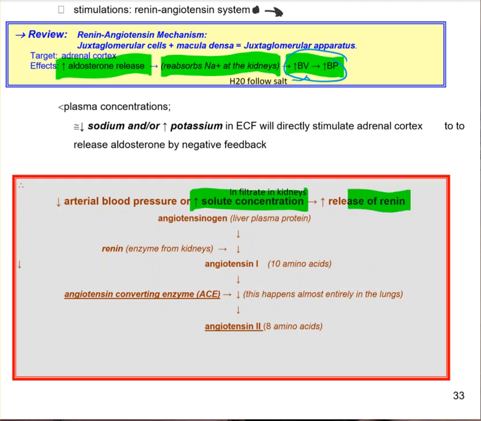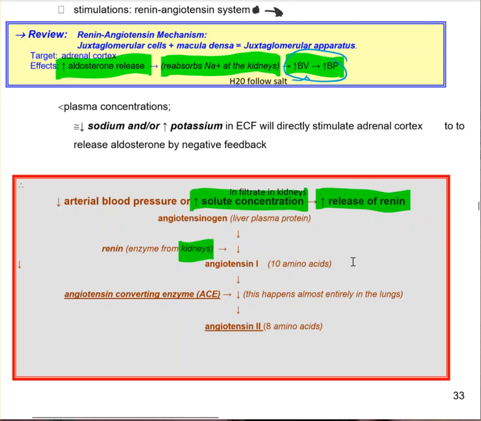When renin gets released, remember we had angiotensinogen that was made in the liver, and then renin was our enzyme from the kidney, right? So we have all these different places, if you're remembering where things were. So this is coming from the liver. Kidney releases renin. Renin converts angiotensinogen, like a precursor molecule, into angiotensin 1.